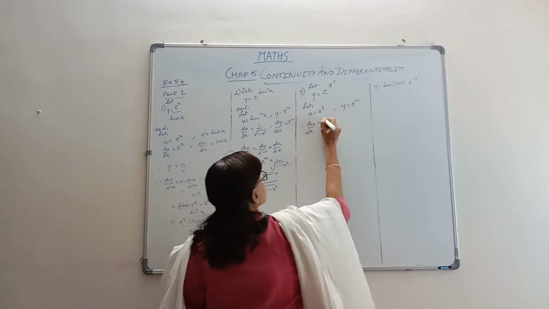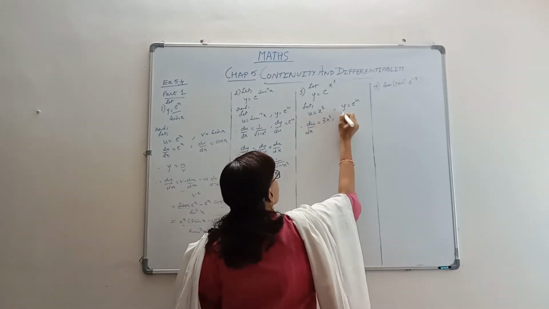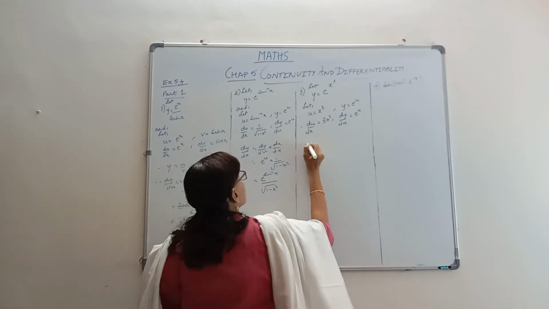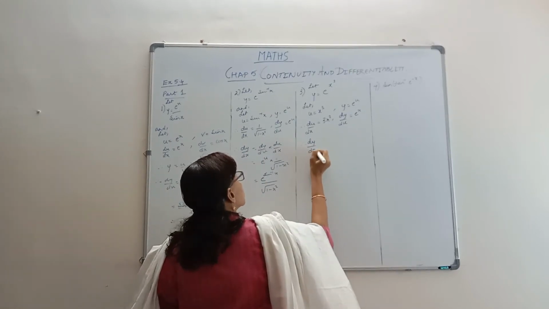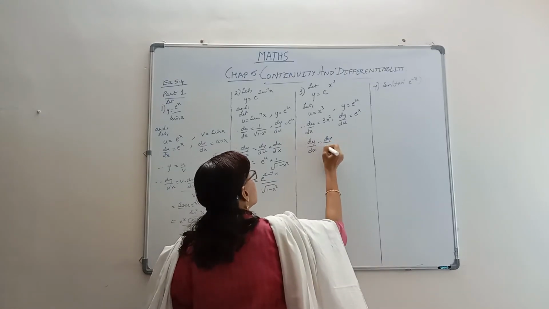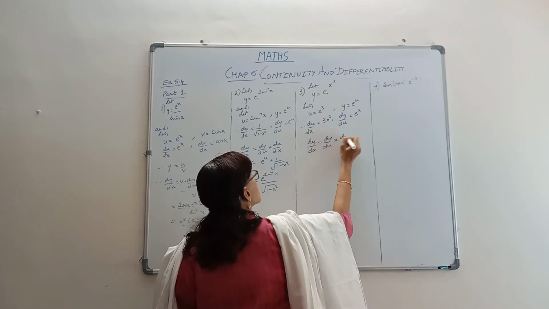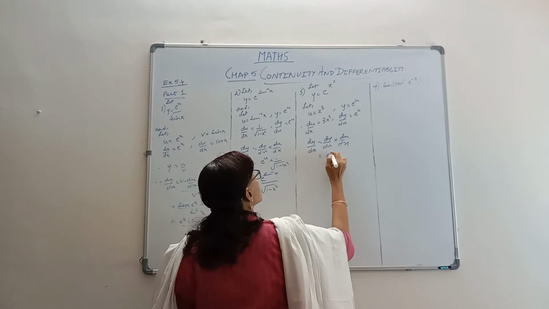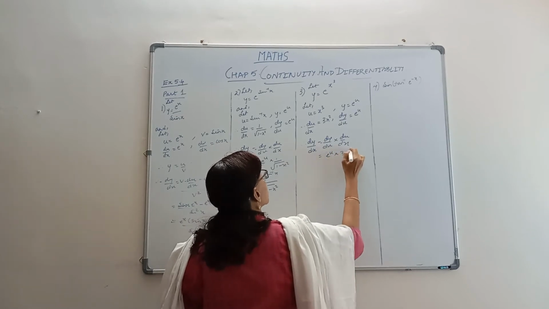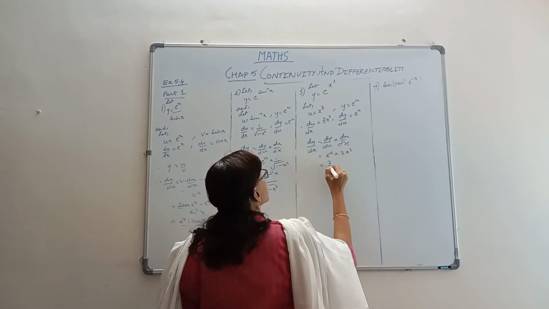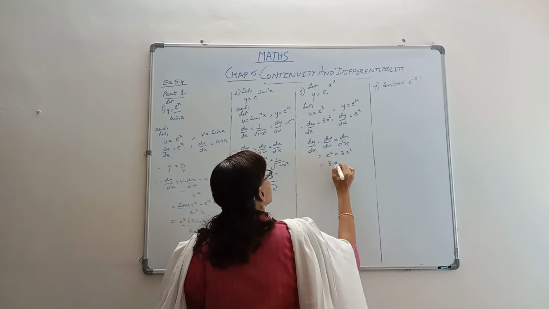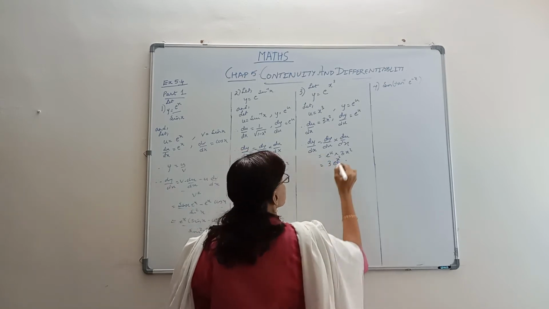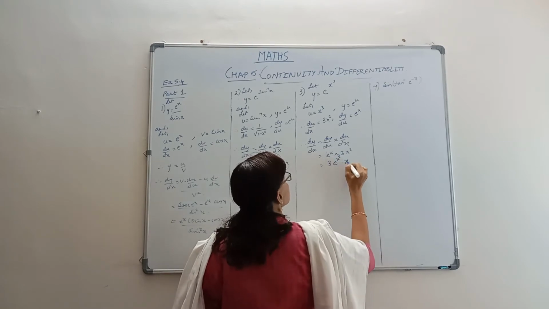This has derivative 3x squared, and dy by du has got the derivative e raised to u. When we go to find dy by dx by applying chain rule, it is dy by du into du by dx, and when we get the values, it is e raised to u into 3x squared, or it is 3 e raised to x cube into x squared.